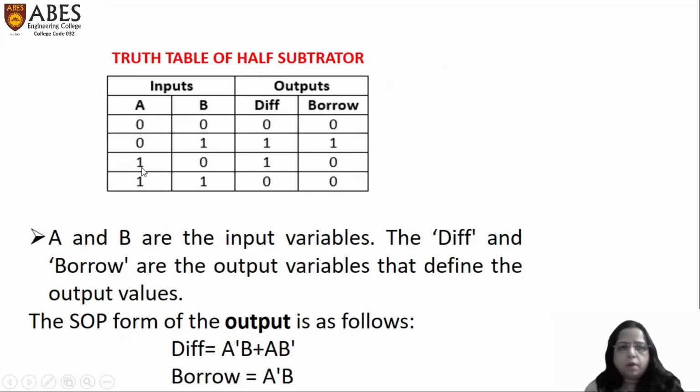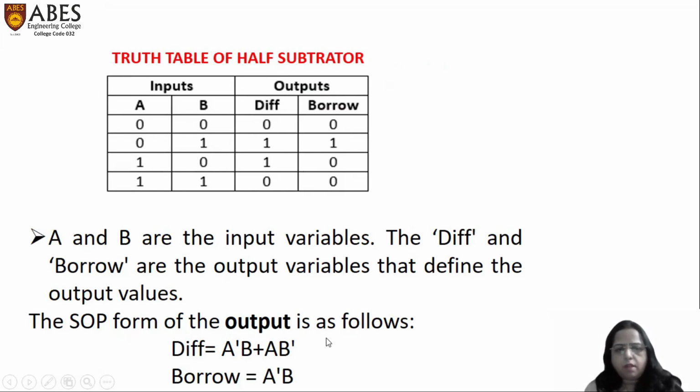For the third combination, 1 minus 0, the difference is 1 and the borrow is 0. And for 1 minus 1, the fourth combination, the difference would be 0 and the borrow will also be 0.